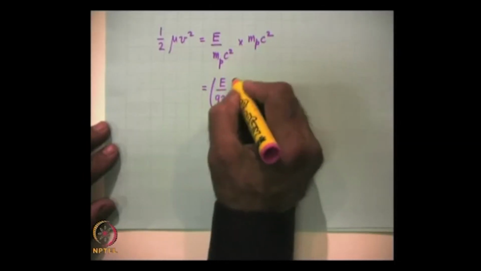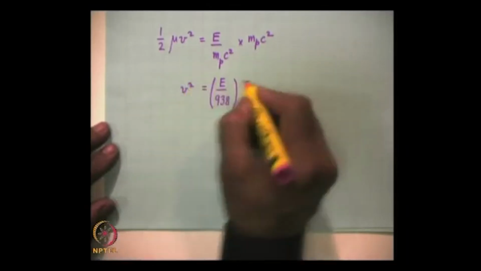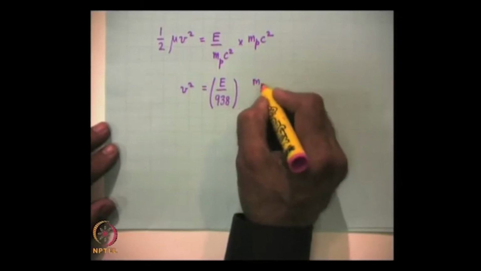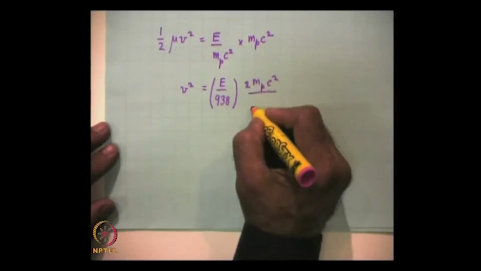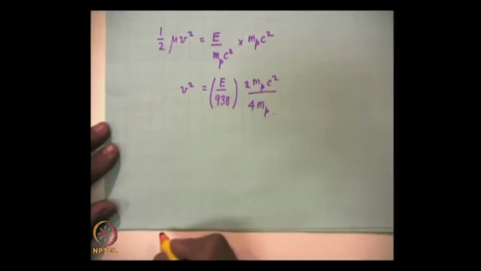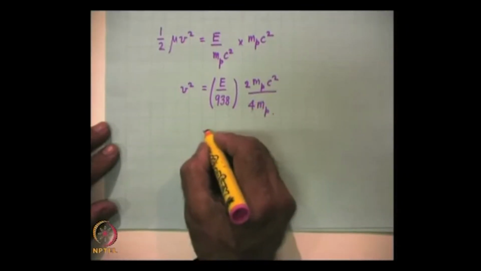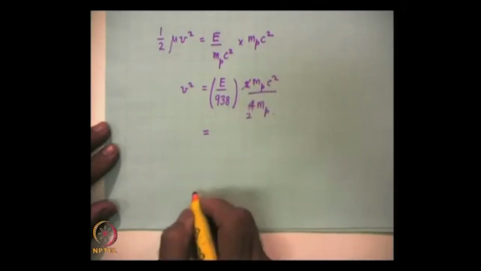Now, E is measured in MeV. So, V square is equal to m_p c square divided by 2 m_p multiplied by mu, where mu is the mass of the alpha particle, approximately 4 times the mass of the proton. So, this 2 cancels out with 2 and m_p cancels out.